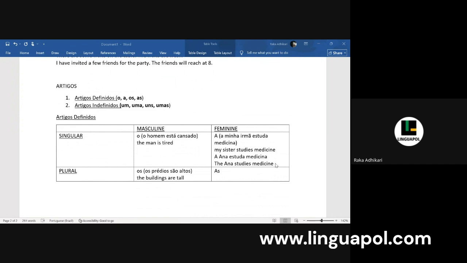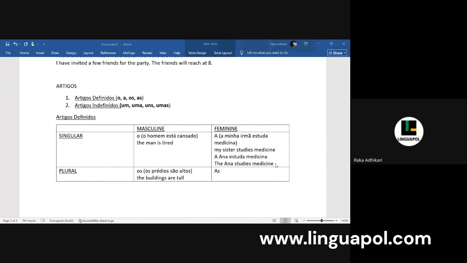The only logic is that whenever we are taking the name of a particular person, that person is only one in the whole universe. There can be another person who has the same name, but there cannot be another Rashmi. So when we are talking about people, we use the definite article.